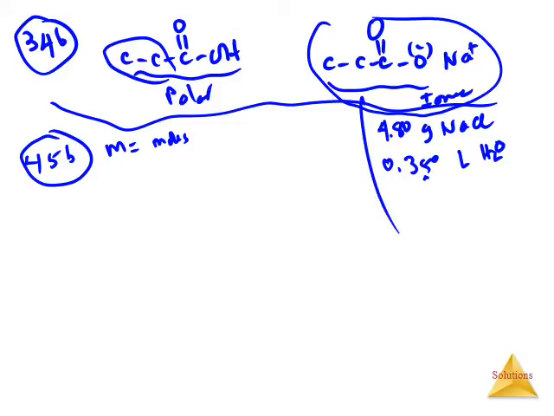So molality is given by moles of sodium chloride, because sodium chloride is the solute, divided by kilograms of solvent, kilograms of H2O. Now from grams I can easily calculate moles.